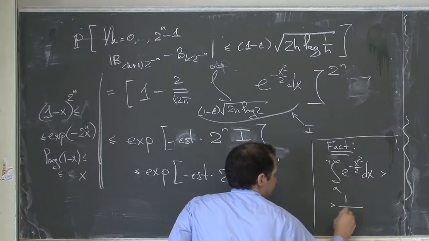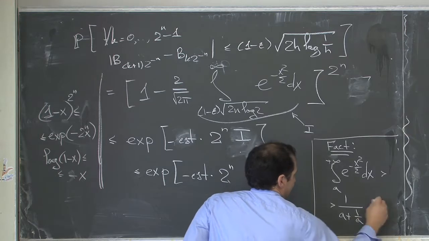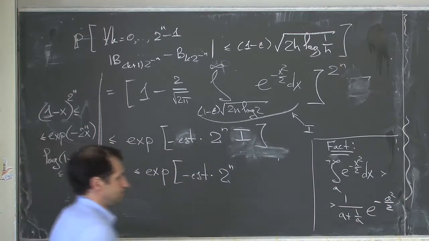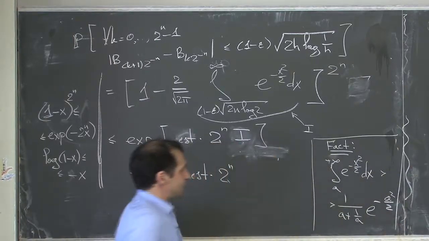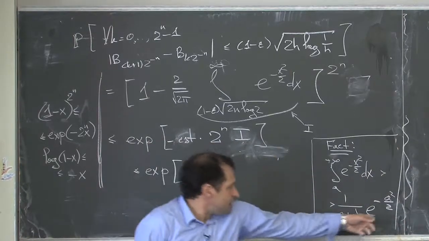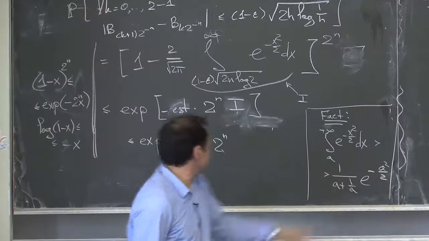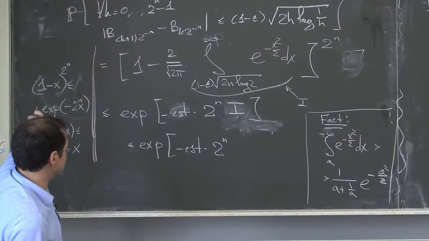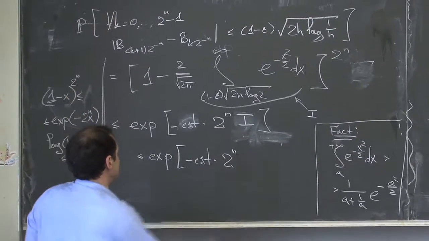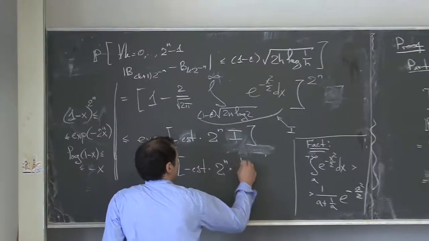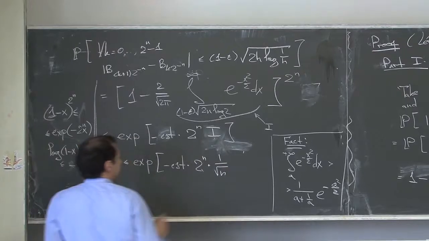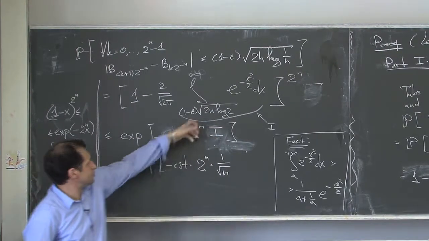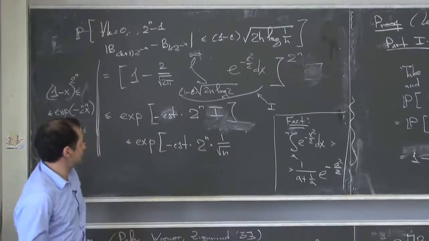It's always greater than a plus 1 over a over here. So basically the error function is e to minus a squared over 2 over a. So this integral is 1 over square root of n. And all the constants I kept here. There's 2, there's log 2, etc.